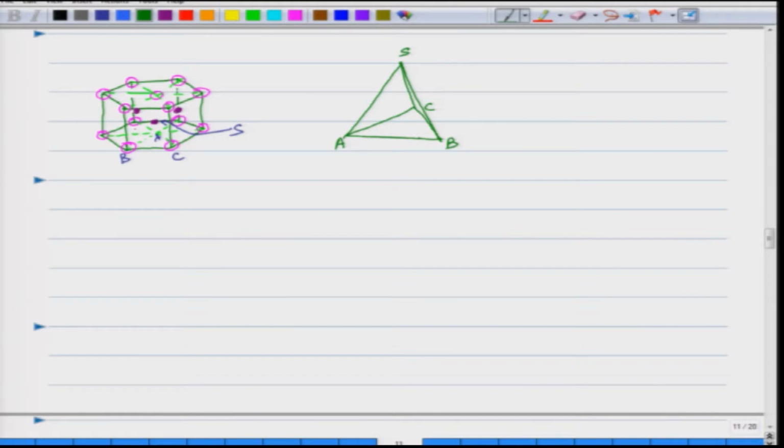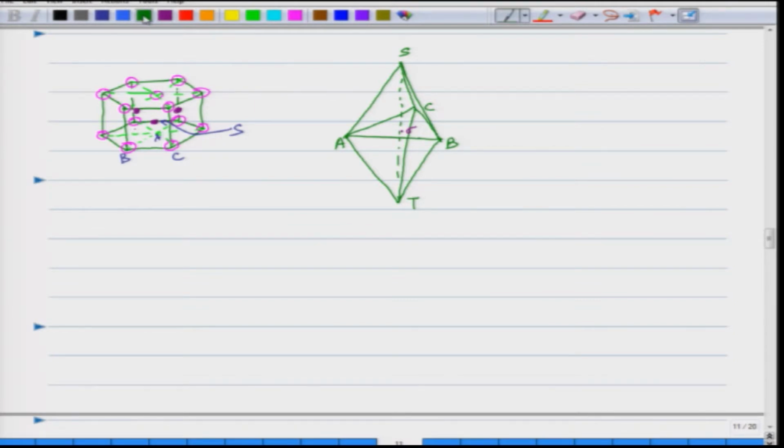So, here comes another pyramid which goes below it, and here we will call it T. So, now we have A, B, C and on one side we have S, on the other side we have T, and when you connect S and T, it intersects at a point which we will call sigma. Now, all these points will become important when we try to describe the various possible Burgers vectors.